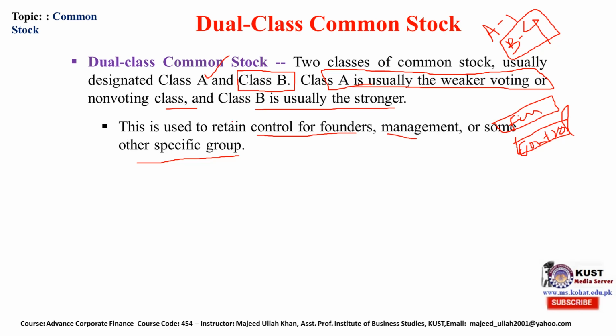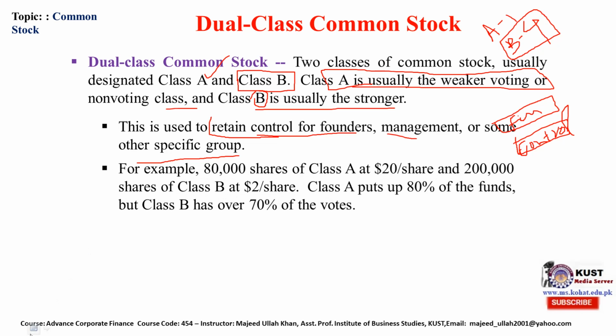As I discussed earlier, this type of share categorization is used when a family wants to retain control of their business, or management wants to control their business, or some other group wants to retain control and also needs finances, so they introduce a B class share as well.